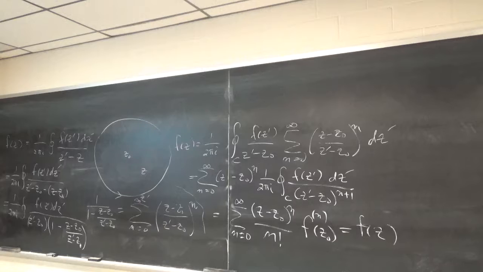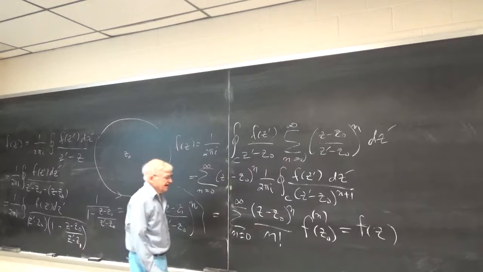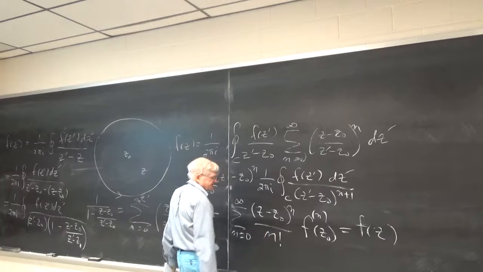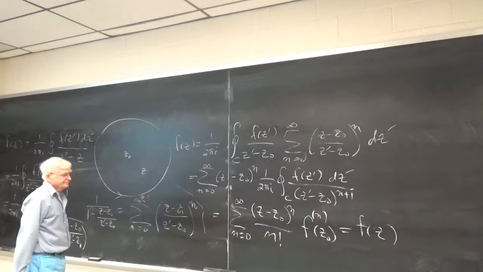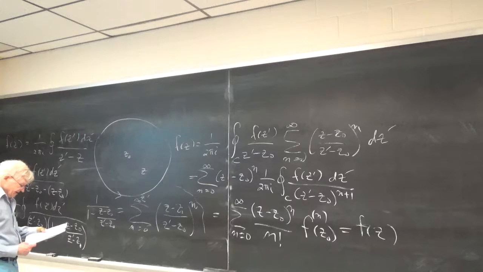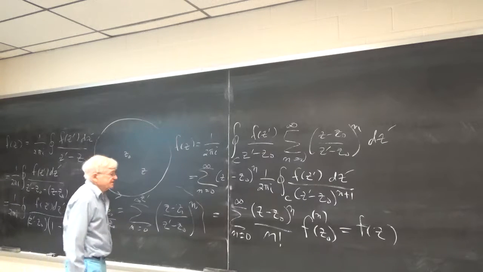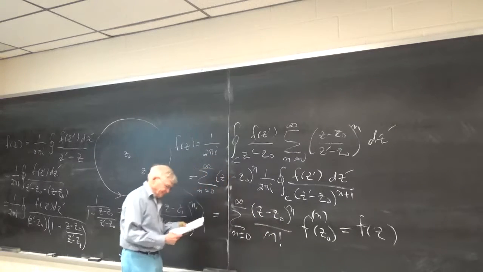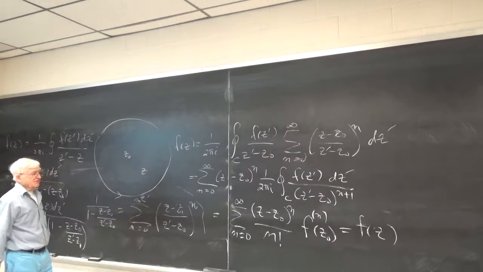What we've learned here then is that if you have a function that's analytic in some region, it has a power series that's uniformly and absolutely convergent. It converges as long as the point z is inside a circle that is within the region of analyticity.